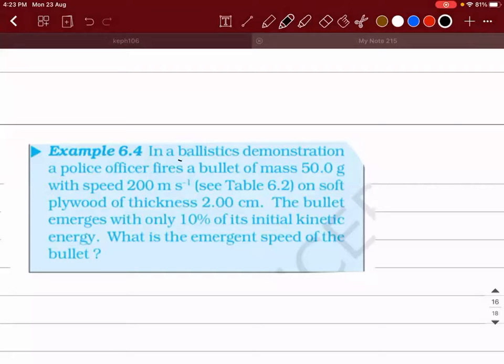Before I proceed, does anyone know the meaning of this? Police training. Okay, is that so? Sir, it is like they teach how to shoot. Okay. You would have seen some crime movies, right?